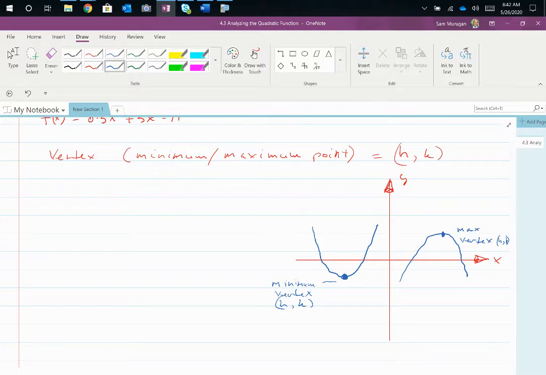So, rules: if the value of a is greater than 0, the graph is turned upwards and has a minimum point.